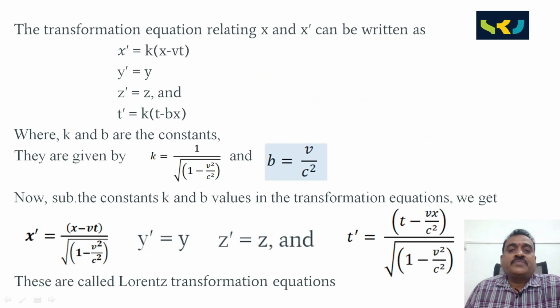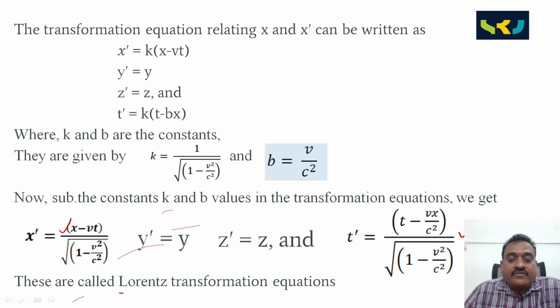So, the Lorentz transformation equations are: x dash is equal to x minus vt by root of 1 minus v square by c square, y dash is equal to y, z dash is equal to z, and t dash is equal to t minus vx by c square whole divided by root of 1 minus v square by c square. So, these are called Lorentz transformation equations.